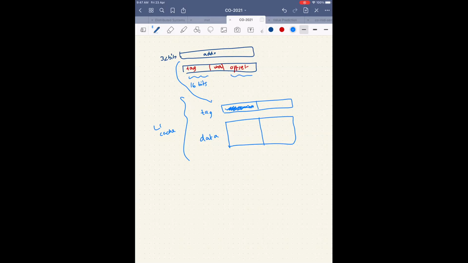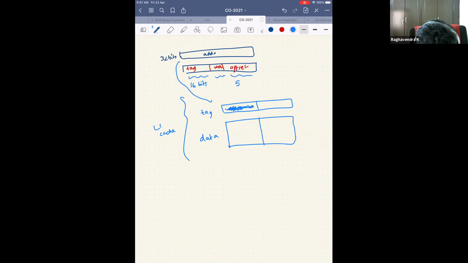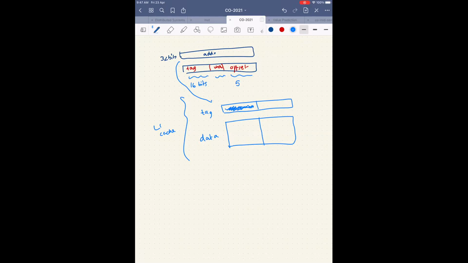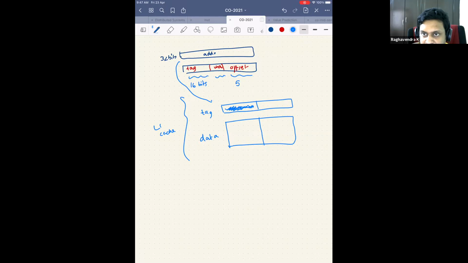So this was 5, this was 4, or this was 11? So this was 11, right? So will you store 32 bits here, or will you store 16 bits, or 11 bits, or 5 bits? How many bits will you store in this particular entry?